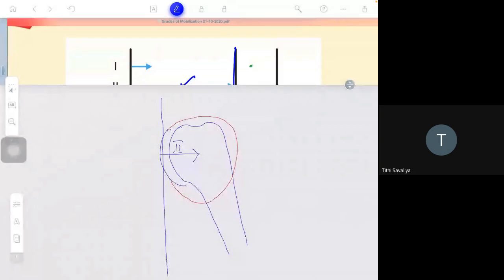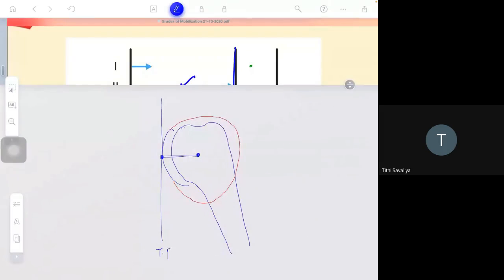What is the treatment plane? For the treatment plane, you take a point on the axis in the convex surface and the center point of the concave partner. You draw one line connecting these two points, and then draw one perpendicular line to the line drawn from the center to the axis, and this line is called the treatment plane. Distraction is given perpendicular to the treatment plane, and gliding is given parallel to the treatment plane.